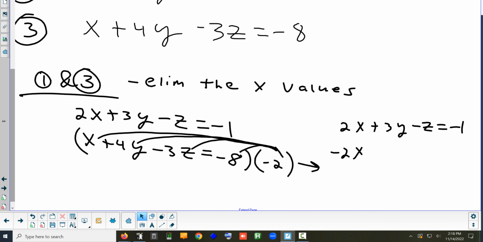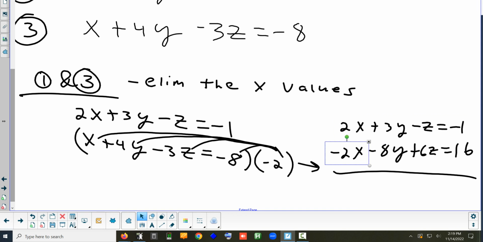And Dustin, what's negative 2 times 4y? Negative 8y. I don't really care what happens to the y's and the z's. All I know is I wanted the x's gone, and that's going to happen. Jenna, what's negative 2 times negative 3z? 6z. And Sam, what's negative 2 times negative 8? 16.